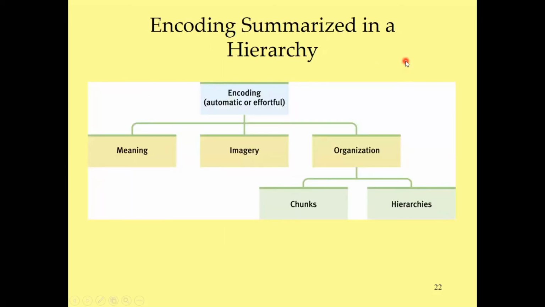Now, when you are reading a textbook, where do you run into hierarchies that might help you actually remember the information you're reading about? Well, if you're very observant, you might have noticed at the beginning of each chapter, there's a table of contents. Now, when I was a student, I'd blow right past that. I don't think I really even knew it was there. It was just invisible to me.